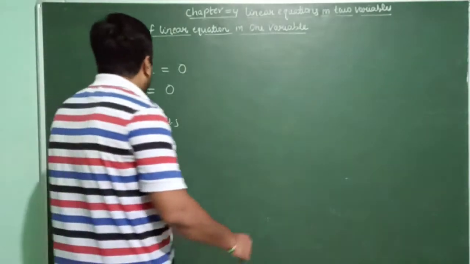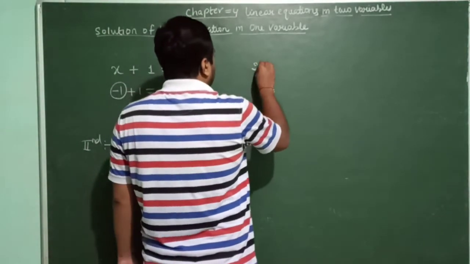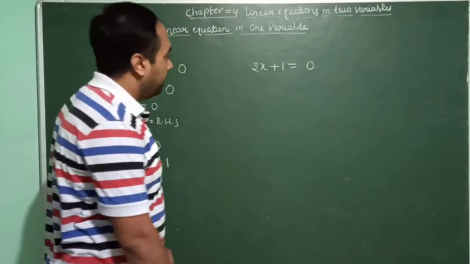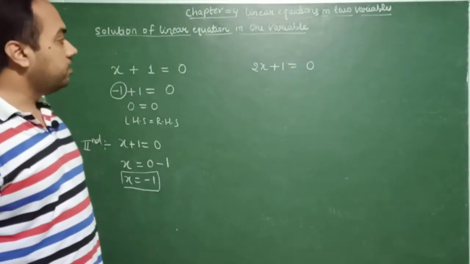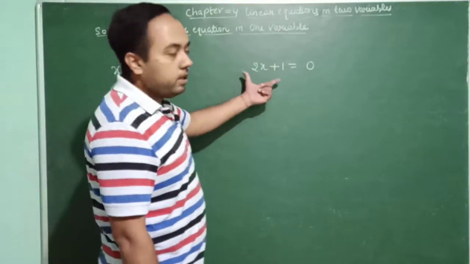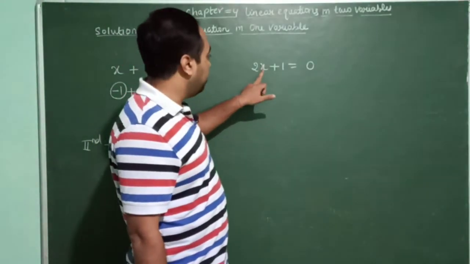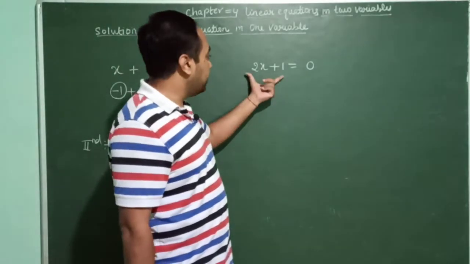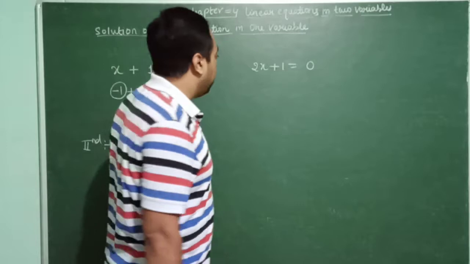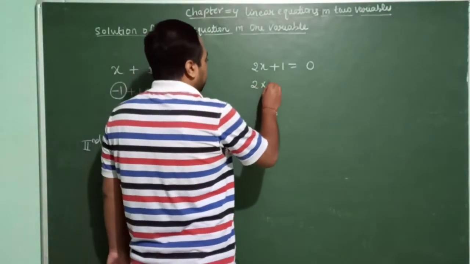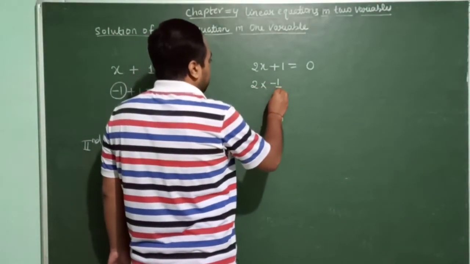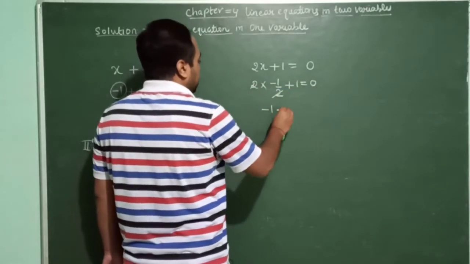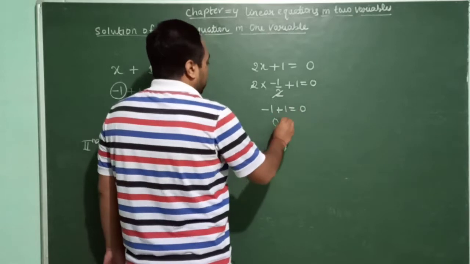Okay, some more example देख लो. Suppose if I write 2x plus 1 equals 0. What I've written? 2x plus 1 equals 0. अब इसका भी solution निकालते हैं. ठीक है, now by what value this x must be replaced so that this whole LHS becomes 0. तो देखो, if I replace this x by -1/2, so 2 will get cancelled, -1 plus 1, so 0 is equal to 0.